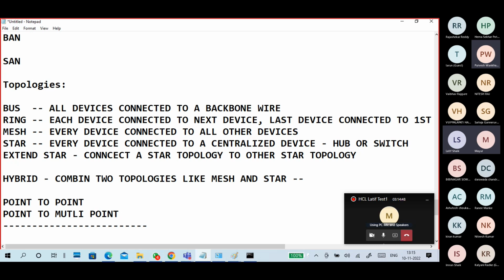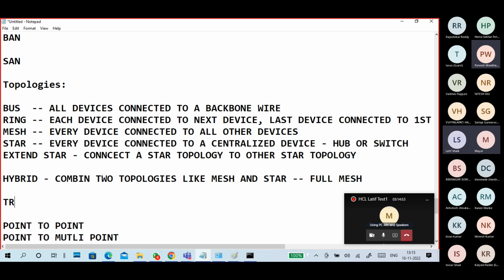The full mesh topology. Some people ask me about tree topology. There are different ways to describe tree topology. This is combined. Tree topology is a combined topology.